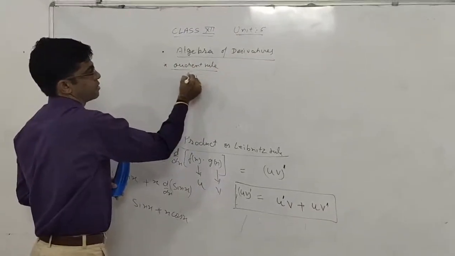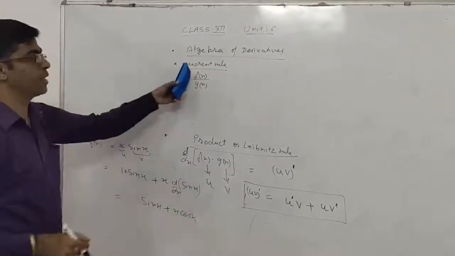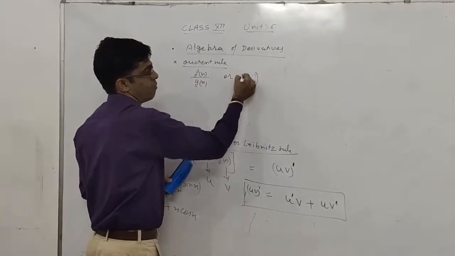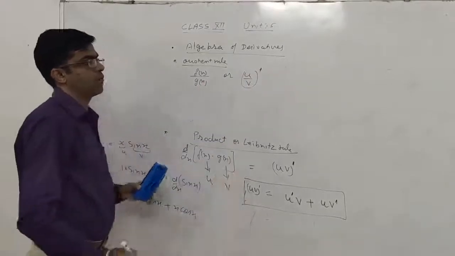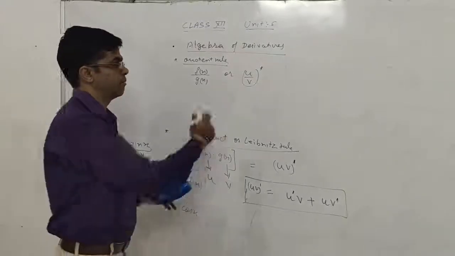When the functions are given in divide form, means quotient form में दे रखी है function, or you can say u upon v form, and we want to differentiate such functions which are in divide form, fraction की form में आ रहे हैं.